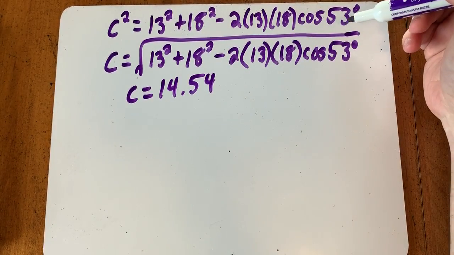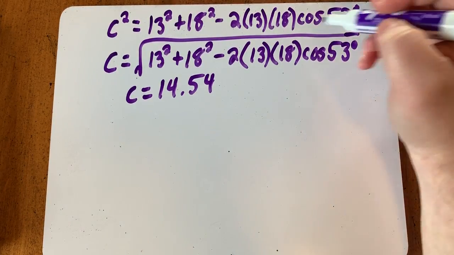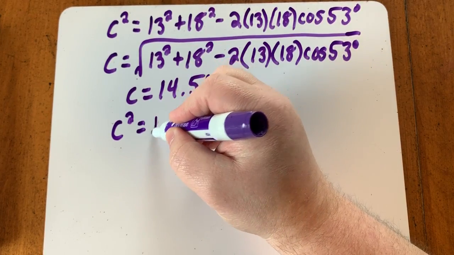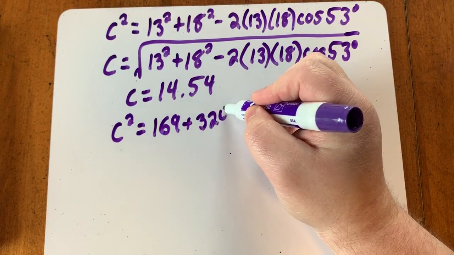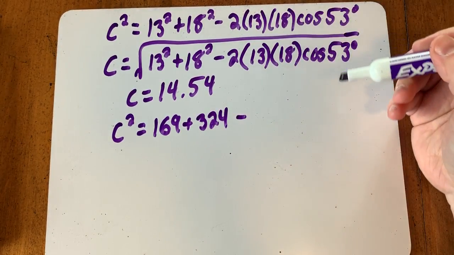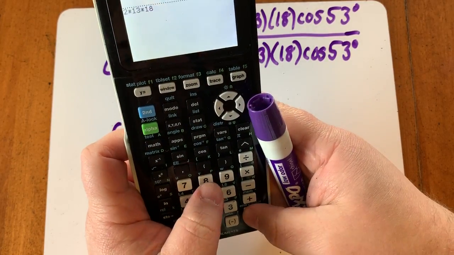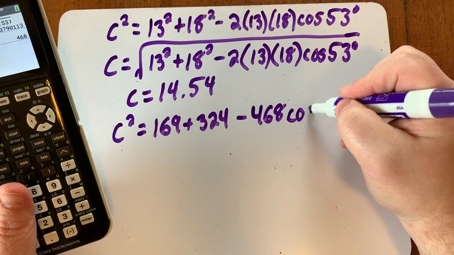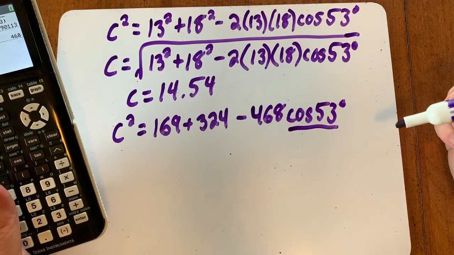Now, if you're not so confident with your calculator, you can take it step by step, part by part. 13 squared is 169. 18 squared is 324. 2 times 13 times 18 is 468, times the cosine of 53. We're definitely going to have to use our calculator for that cosine of 53.